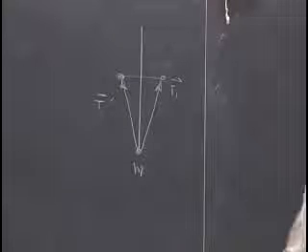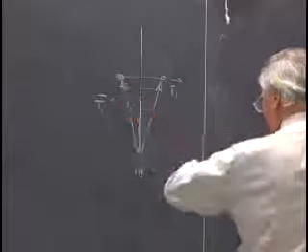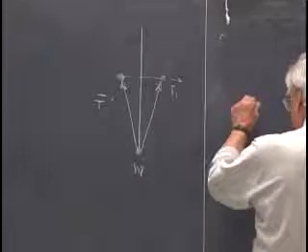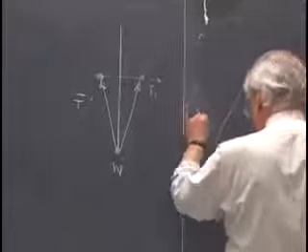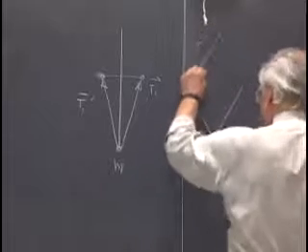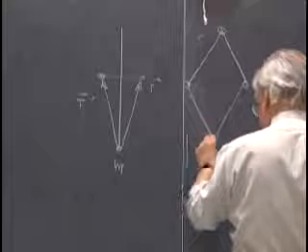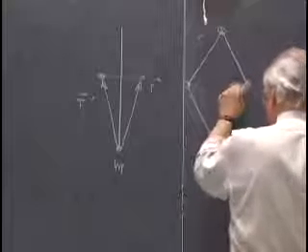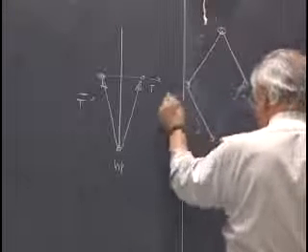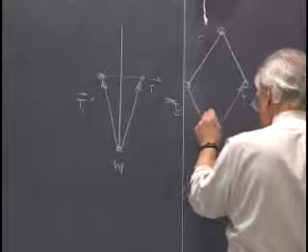And now I have 2 non-collinear translations. So these have defined for me a cell that looks like this. This is T1, this is T2, and this is some angle alpha between them.